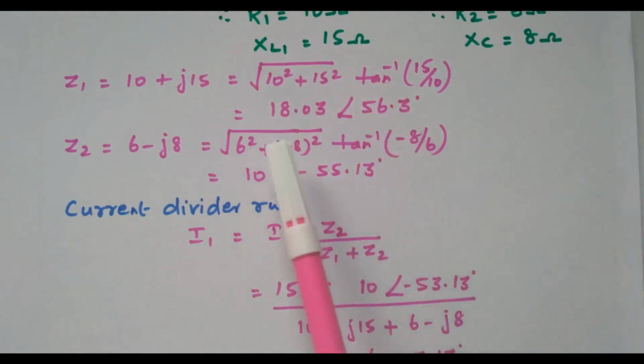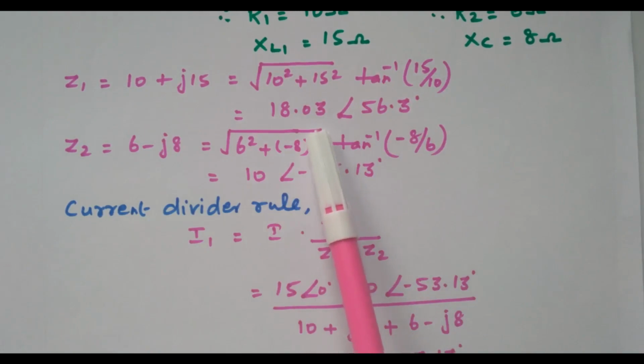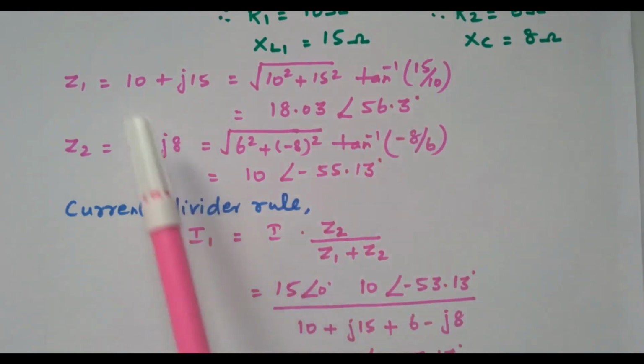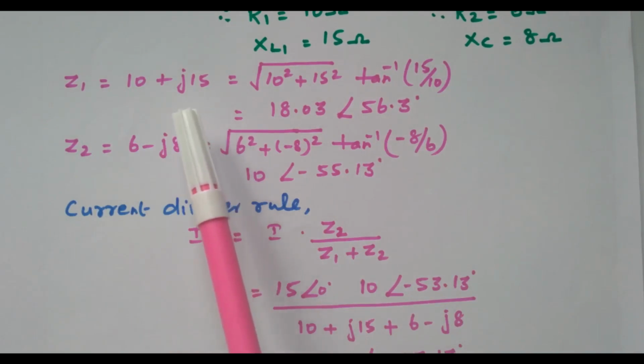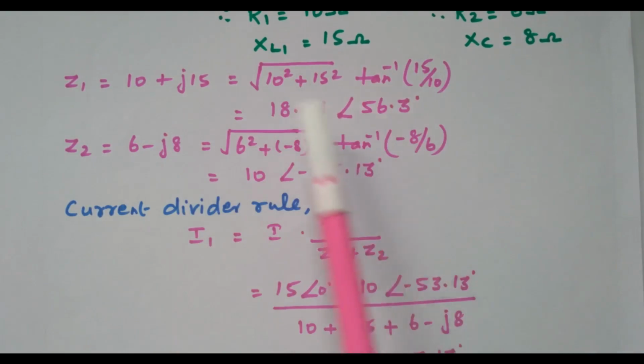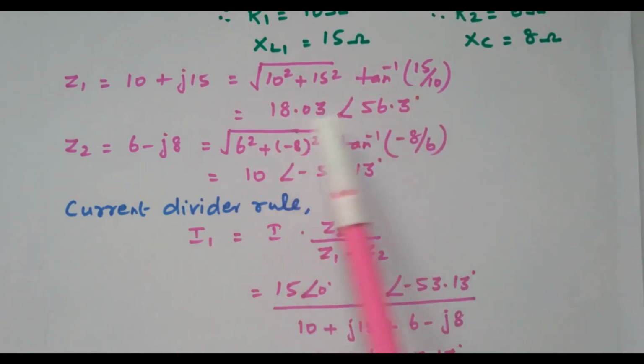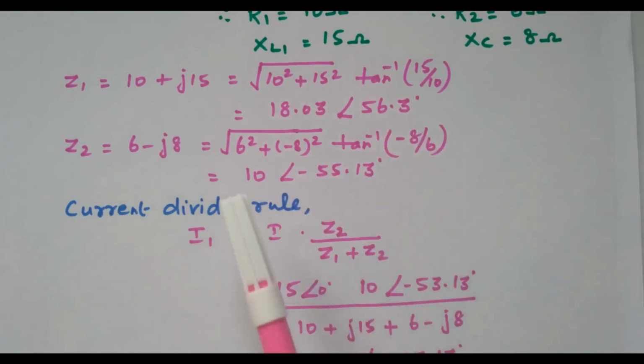So by simplifying we got 18.03 magnitude, angle is 53.6 degree. This one we can directly calculate using the calculator. This is a manual method, the formula to find the polar form, magnitude and angle. You are also able to find this value by using the calculator.